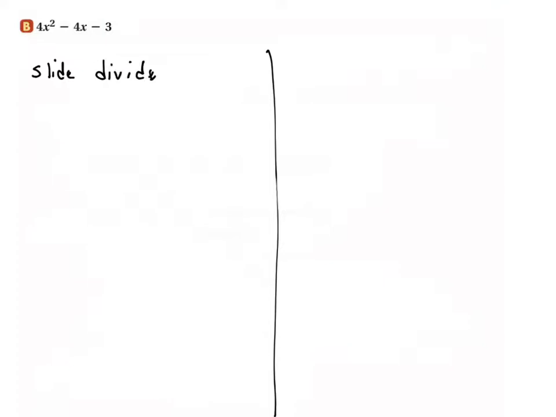So here we've got 4x squared minus 4x minus 3. We'll do slide divide here. So for slide divide, we've got 4x squared minus 4x minus 3.